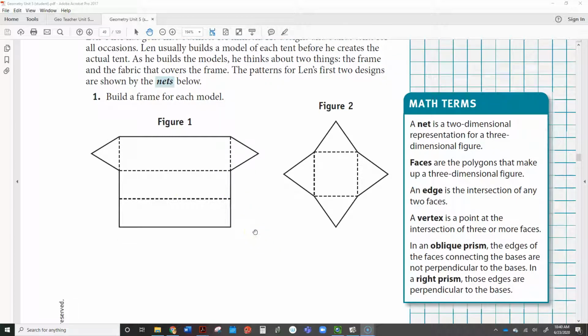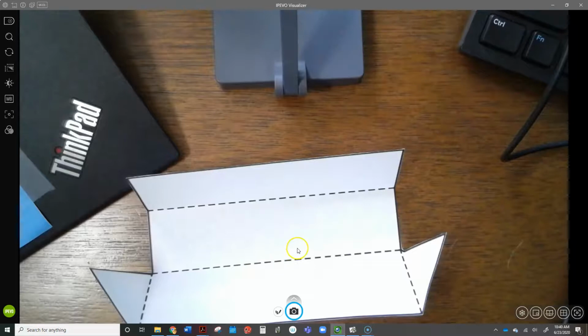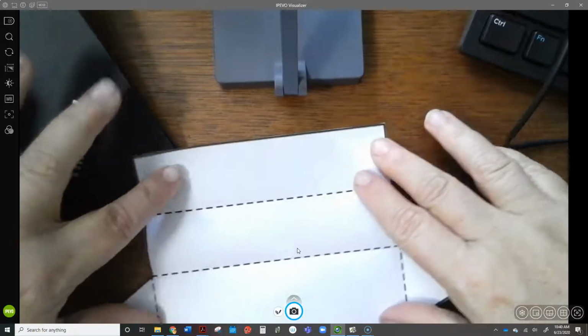Some of you will have the ability to look at it and say, oh, I know what this is going to look like when it gets put together. And some of you may not have that ability. I can do that with a little practice. So I'm just going to show you right here all I've done.